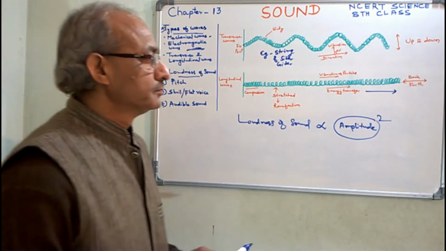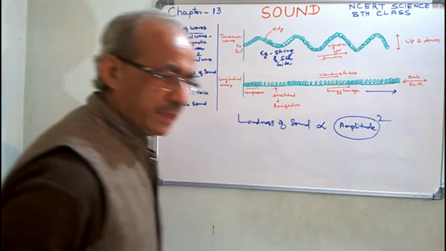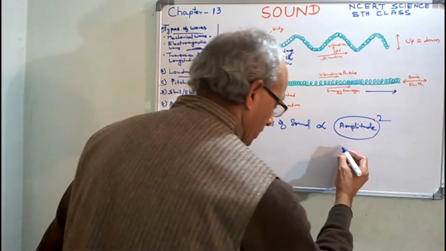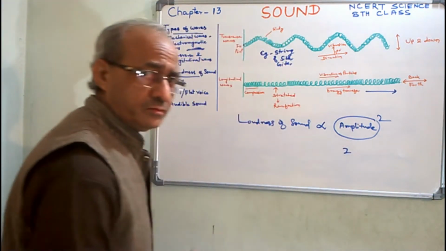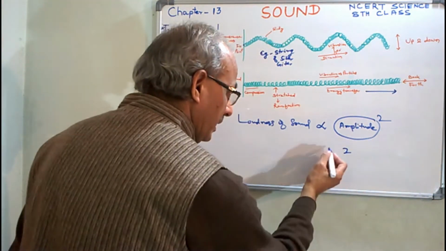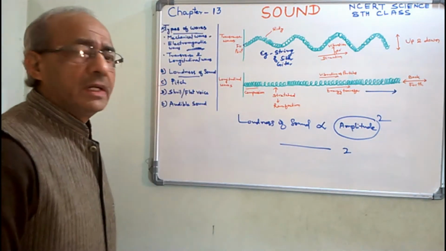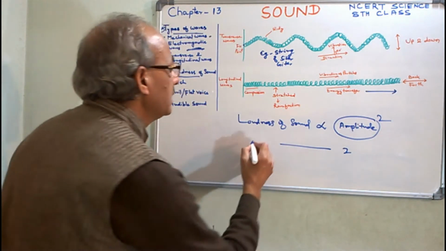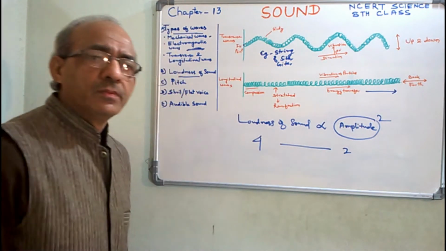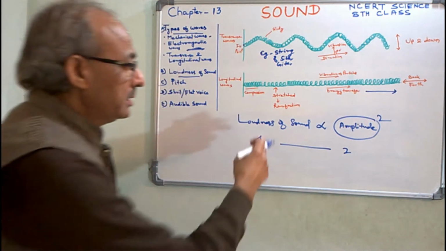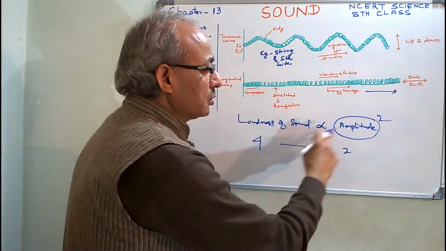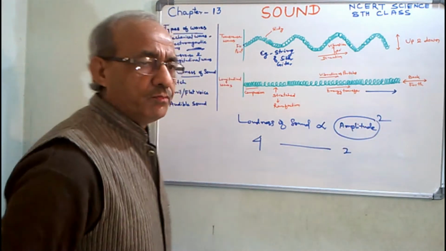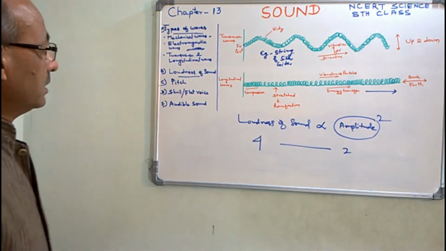Square. Suppose you are increasing the amplitude 2 times, then loudness will be increased 4 times, because it is proportional to the square of the amplitude. Understand?